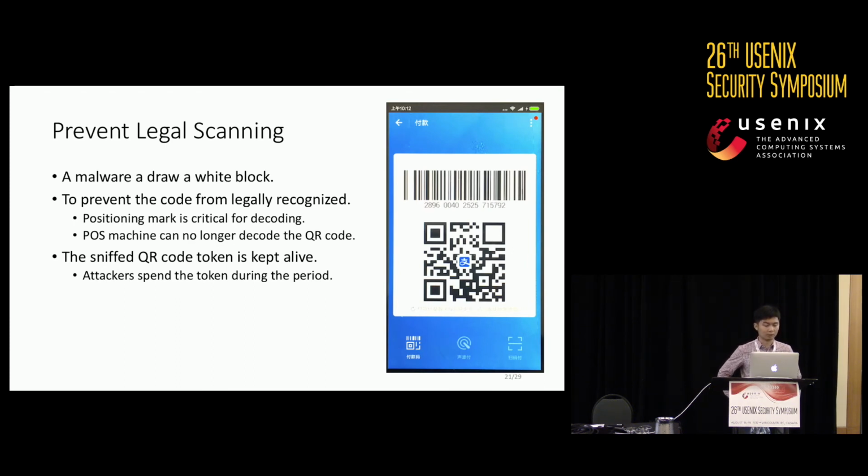So the post machine can no longer decode the QR code once the white block is drawn, overlaid on the QR code. So with this technique, the sniffed QR code is kept alive and allows the colluder of the attacker to spend it during this period.